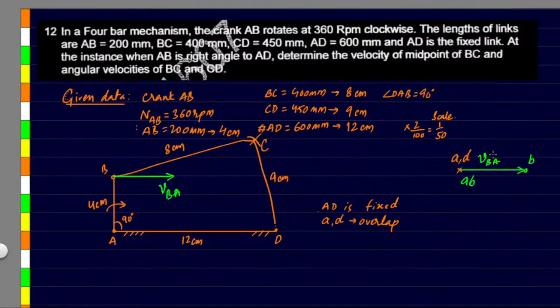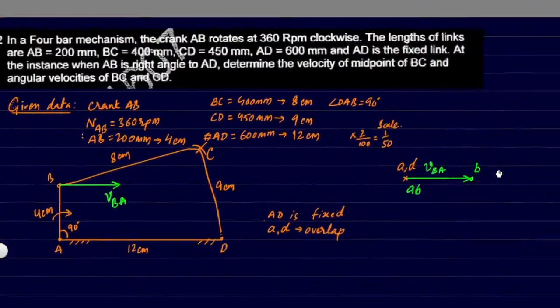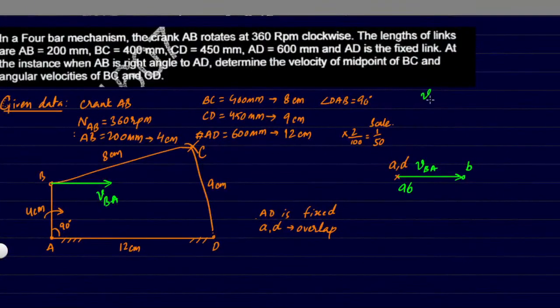Now, what is the velocity of B with respect to A? That we will be able to find. Velocity of B with respect to A is given as angular velocity of B with respect to A multiplied with the length BA. In order to find the angular velocity, we'll use the formula 2 pi n by 60, where n value has been given as 360, and multiplied with BA.